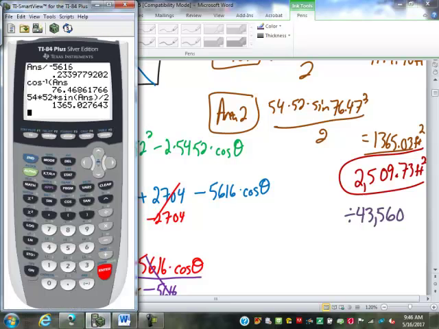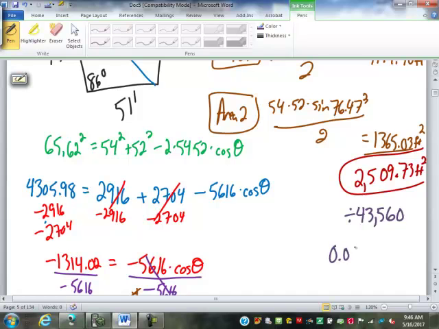There you go. .058 acres. So it's about 1/18 of an acre.